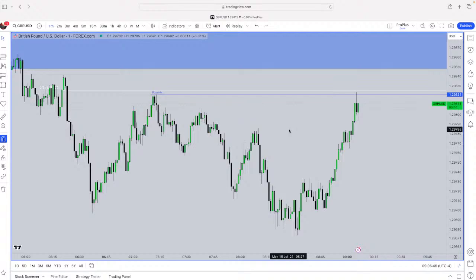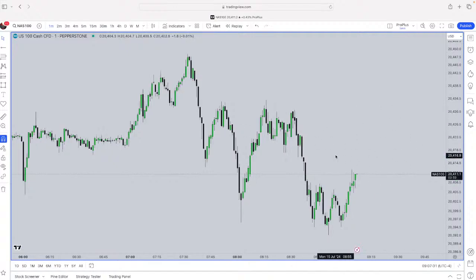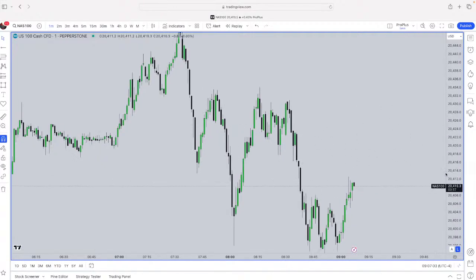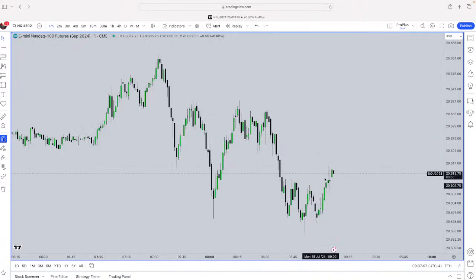You can trade Nasdaq, but you can't trade the E-mini futures, where it's with contracts. You'd be trading like this instead of the futures. So I think you still get spread and stuff like that. But if you actually trade futures, you can't get a spread.